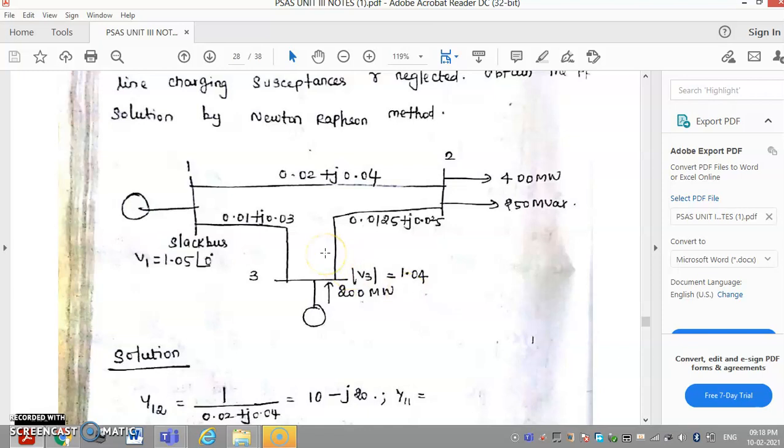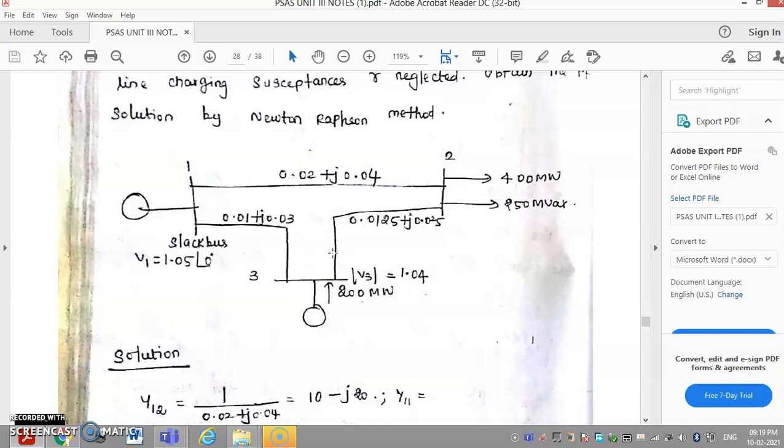We will discuss this problem after solving the problem in the Gauss-Seidel method. In the next class we will complete the problem in the Gauss-Seidel method, and then we will come to problem solving in the NR method, so that you can feel a little more comfortable in problem solving.